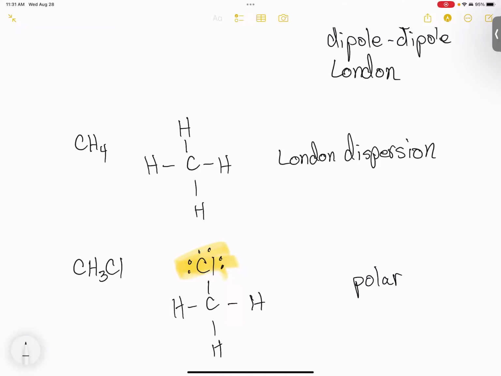So are all hydrocarbons non-polar? All hydrocarbons are non-polar. So if it's nothing but carbon and hydrogen, it's going to be non-polar whether it's got a single bond, a double bond, or a triple bond. If it's nothing but carbon and hydrogen. For example, and I almost pulled this one, but I hadn't pulled it out of my hat just yet.